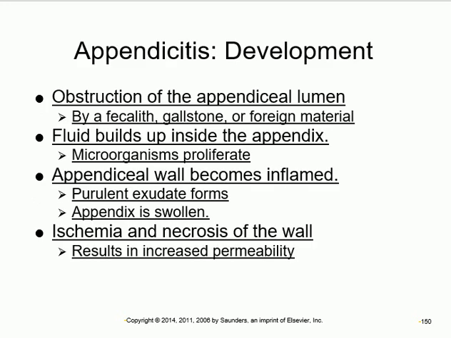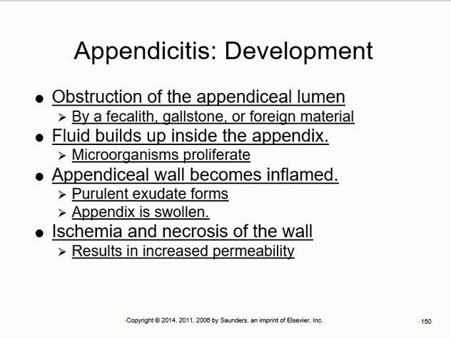Next is appendicitis. Appendicitis is inflammation of what? The appendix. What's the most common reason? Here is the appendix. If you close the outlet of the appendix, secretions will accumulate in here. It will get infected and distend: appendicitis.